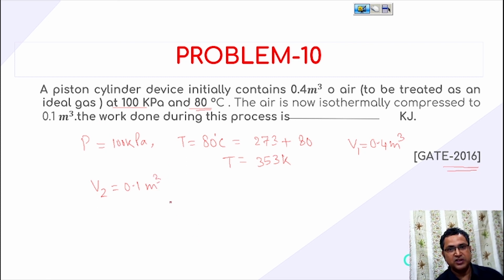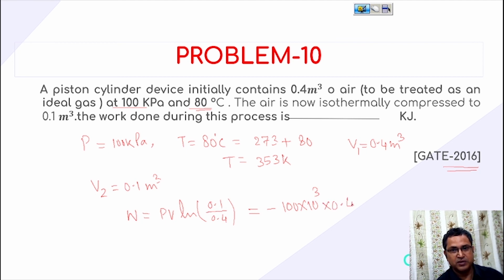Then the work done during this process. Work done is PV ln of V2 divided by V1, that is 0.1 divided by 0.4. This is ln 1 upon 4, that is minus PV, that is 100 into 10 raised to the power 3 Pascal into V1, 0.4, into ln 4, which is 2 ln 2.